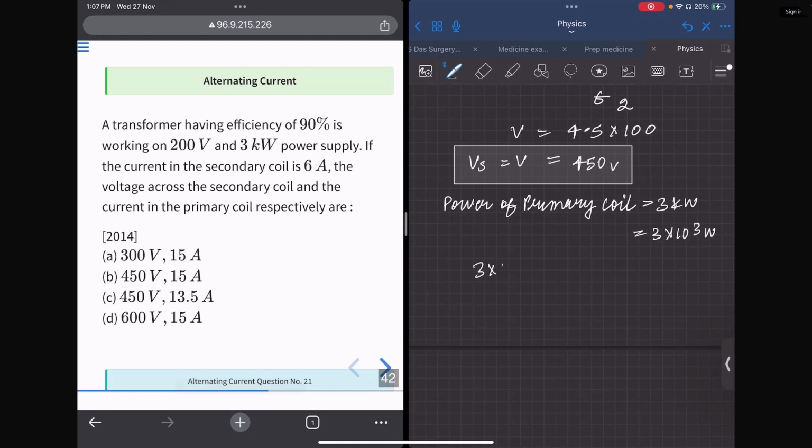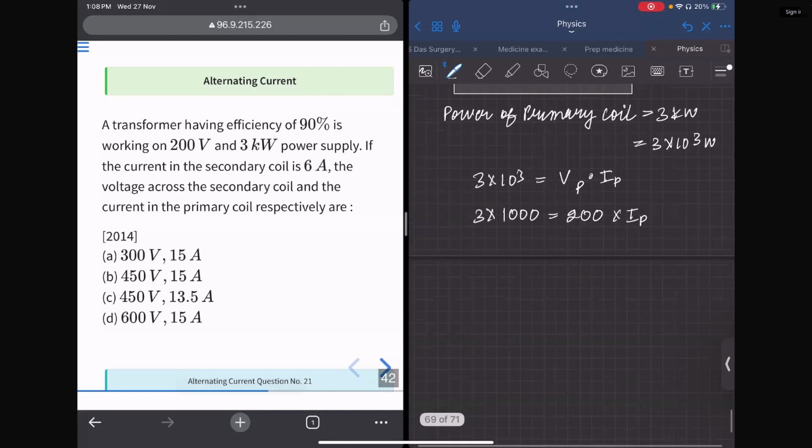So, 3 into 10 power 3 can be written as V of primary coil into I of primary coil. 3 into 1000 is equal to V in primary coil, they've given as 200, and I in primary coil we need to calculate. So I in primary coil can be written as 3 into 1000 divided by 2 into 100. So the value would come out as 15 amperes.